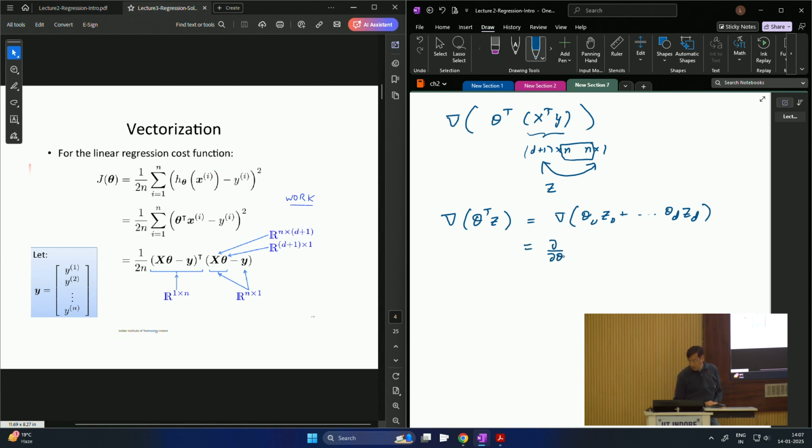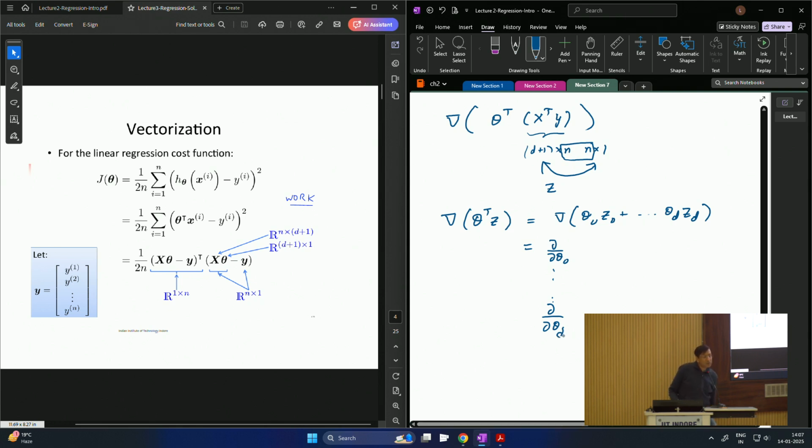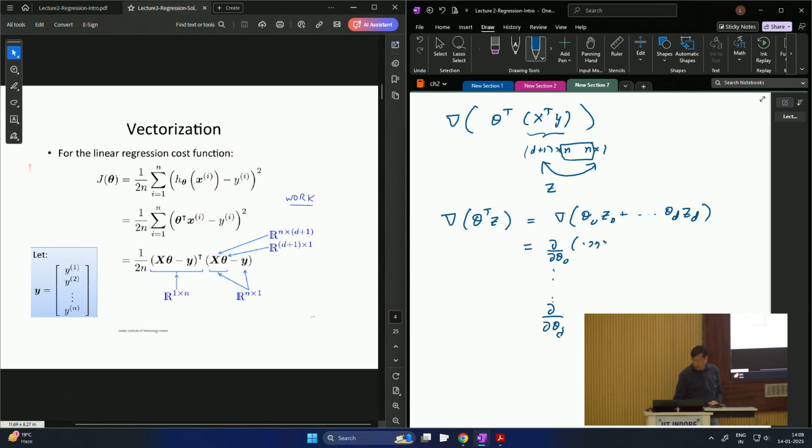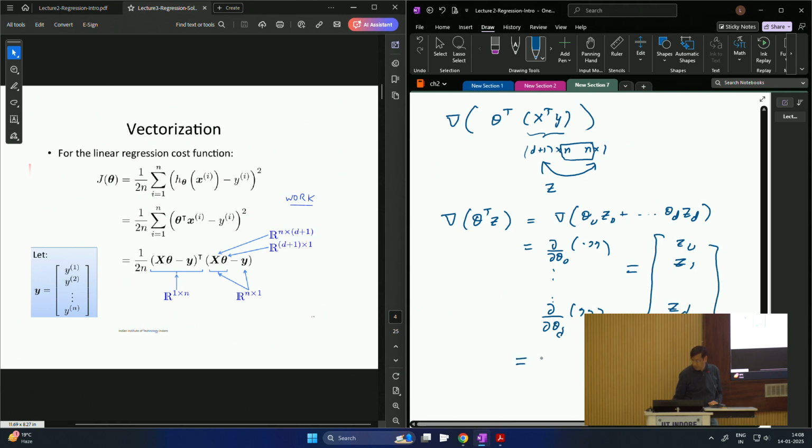D over d theta naught till d over d theta d. This is what gradient means. You're taking partials with respect to everyone. So if you do d over d theta with respect to theta naught, what will you get? Z naught. With respect to theta 1, you will get z1. With respect to theta d, you will get zd. So the whole thing will be z. The whole thing would be x transpose y.